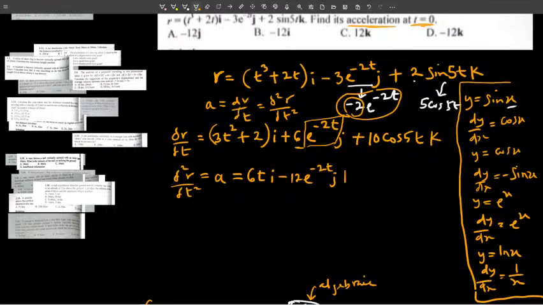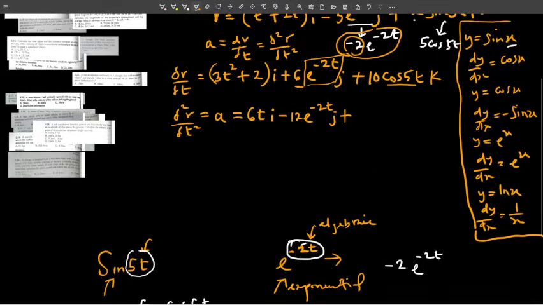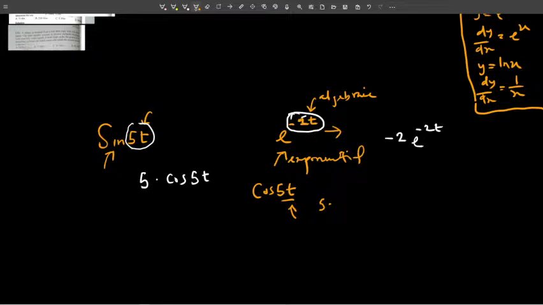All right, then plus, let's differentiate cos 5t just like we did sine 5t. Differentiate the inner function, that will give me 5. Differentiate the outer function, let's come back here. When you have cos x and you differentiate cos x, you get minus sine x. So differentiating cos 5t gives me minus sine 5t. So everything here gives me minus 5 sine 5t.